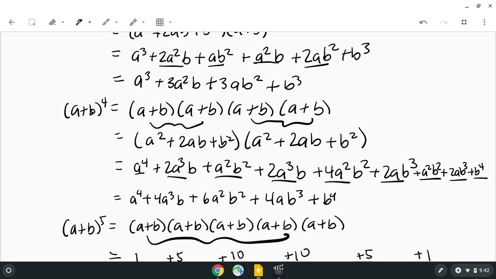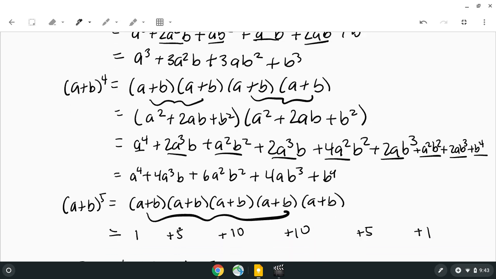And for b, we have b to the 4th, the second term, but it starts over here on the end: b to the 4, 3, 2, 1, b to the 0.